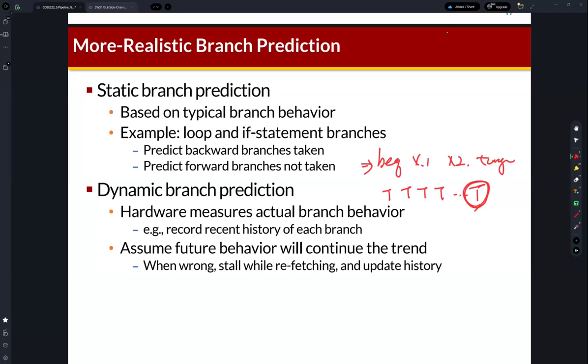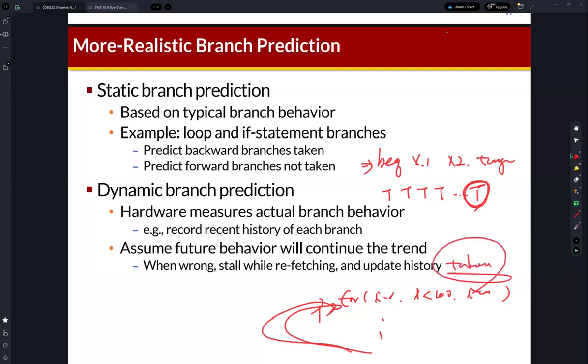Why? We can observe many such cases in our code. For example, for i equals 0, i less than 100, i plus plus. This is an iterative loop. And if this loop jumps to the start point of the loop, this means that the branch is taken, right?